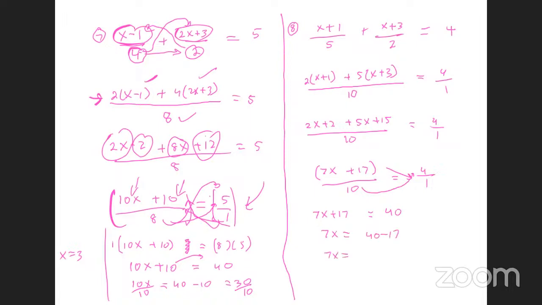So 7x is 33. Why am I looking wrong there? No, sorry, that shouldn't be 33. That should be 23. So x is equal to 23 over 7. Well, if you want to break it up, 3 and 2 sevenths.